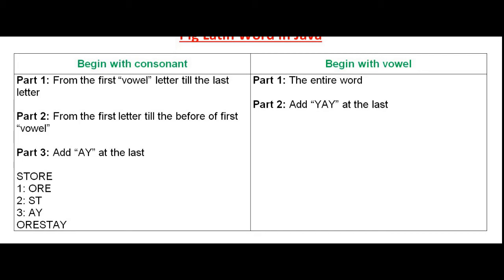But in case of a vowel, which is very easy, there will be only two parts. Suppose the example of egg. In case of egg, the first part is the entire word, egg. And the second part is YAY.